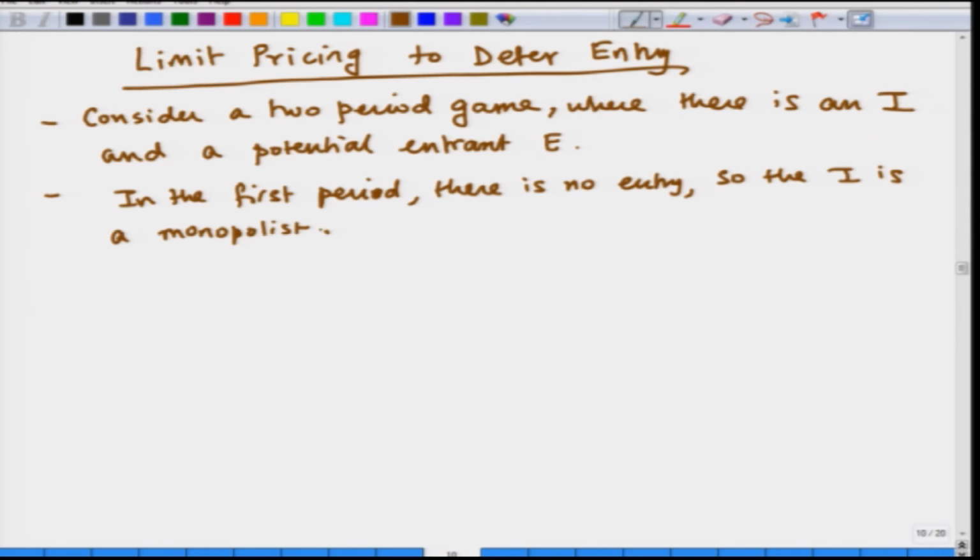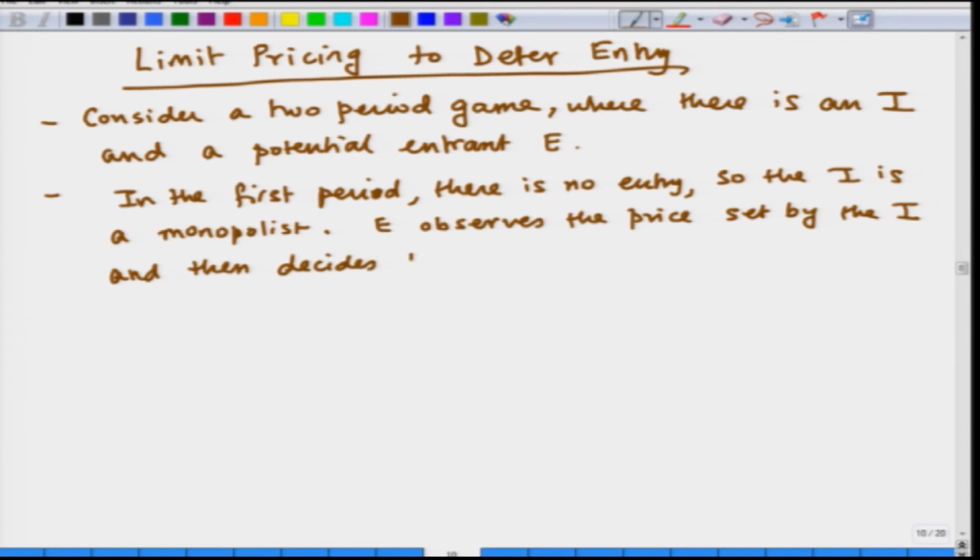So, the entrant observes the price set by the incumbent and then decides to enter or stay out.